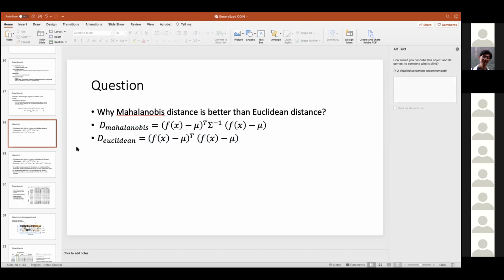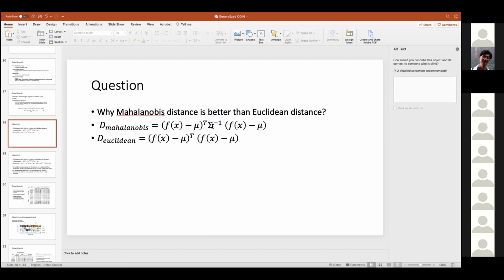So can I see the formula of Mahalanobis distance again? This. And what's the sigma minus? This is divided by sigma. This is the covariance matrix of your high dimensional vector. So is that okay to move this item backward? Cannot. Why?